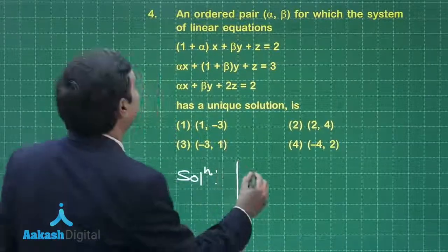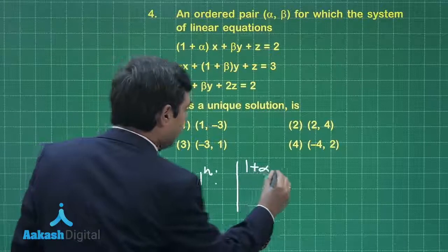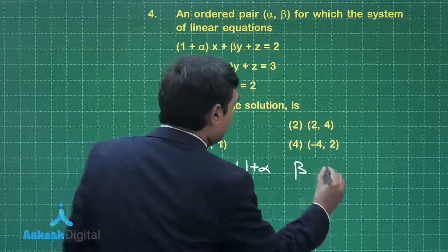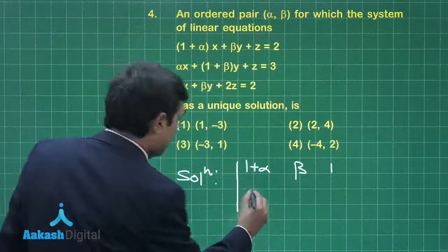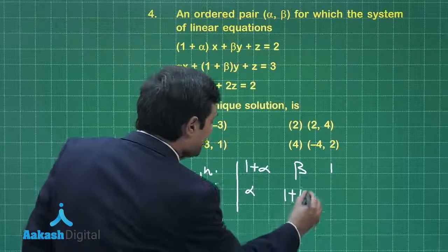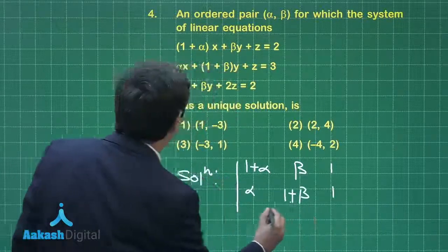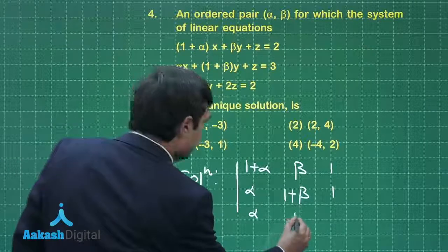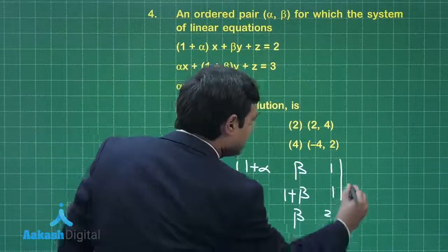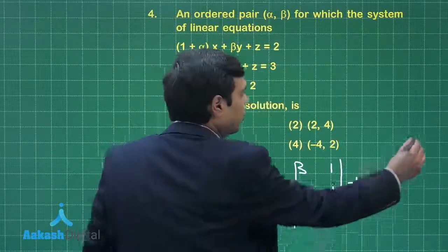We have the coefficients like 1 plus alpha, beta, 1; alpha, 1 plus beta, 1; alpha, beta, 2. This should not be 0, right?